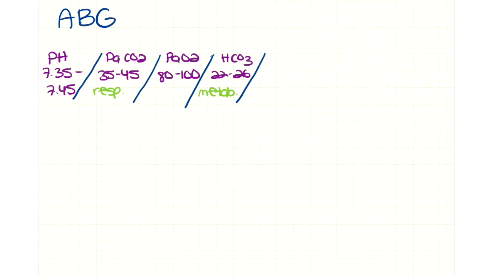For CO2, if it's on the lower end, it is alkalotic. Higher end, it's acidic. For your bicarbs, it's the opposite. If it's the lower end, it is acidic. Higher end, you're pushing towards more alkalotic.